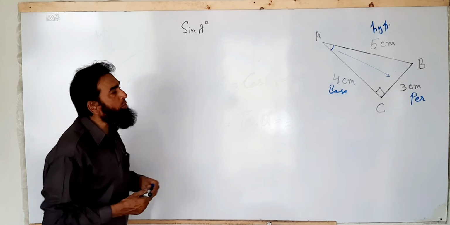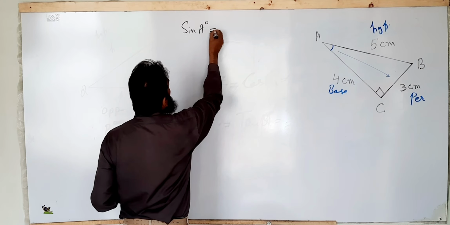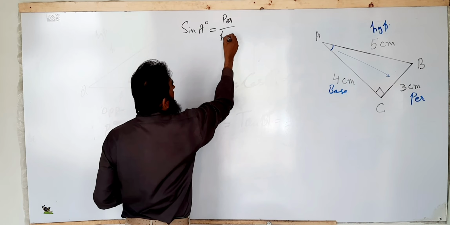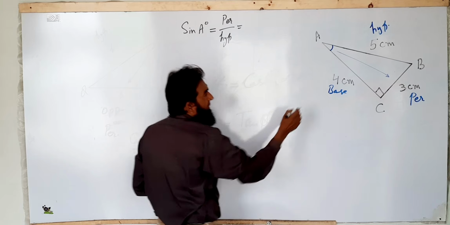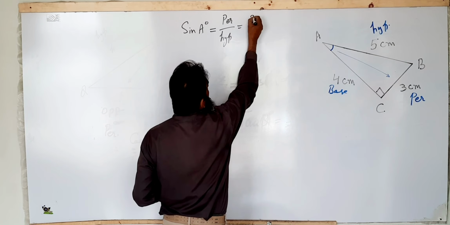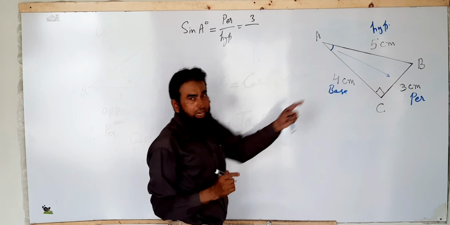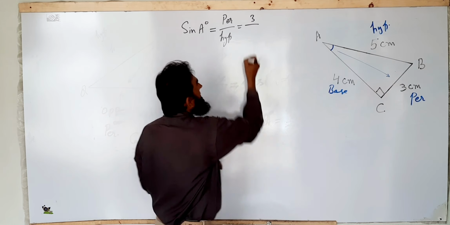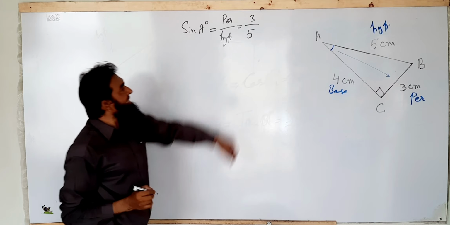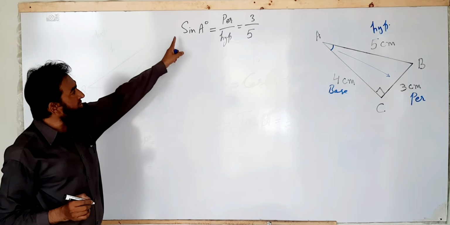As I told you, sine is the ratio of perpendicular over hypotenuse. So here the perpendicular is 3 centimeter, meaning the side C to B, over hypotenuse. Hypotenuse is the side of 5 centimeter. Okay. So this will be the ratio for sine A.